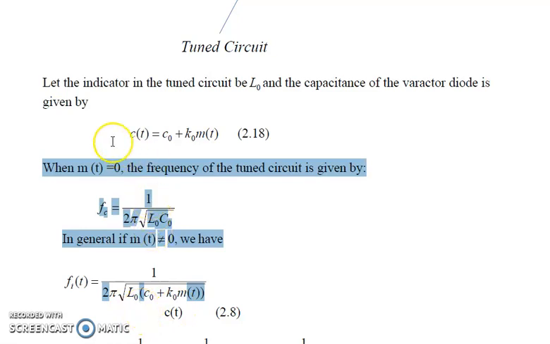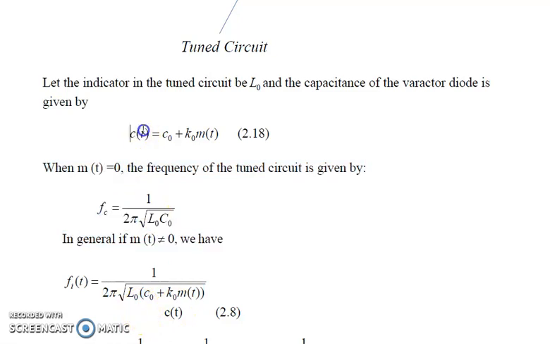From this equation, the overall capacitance value C(t) will be represented by C0 plus K0 m(t). Here the complete capacitance value of the circuit is directly proportional to the message signal. So this complete value you have to put in the actual formula.